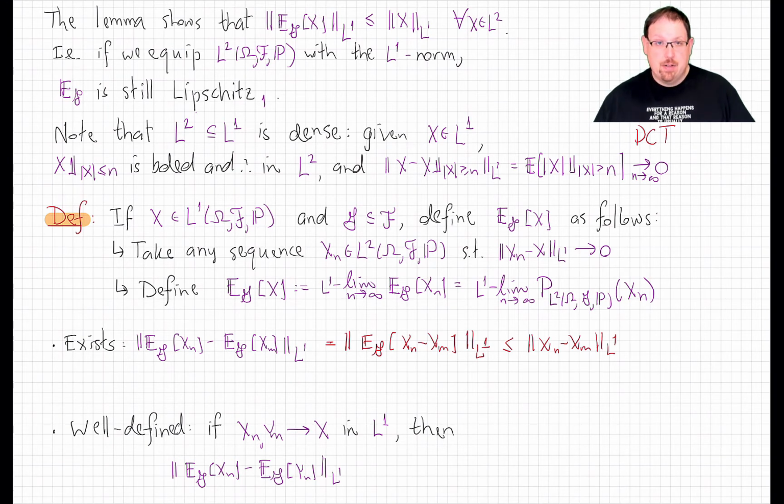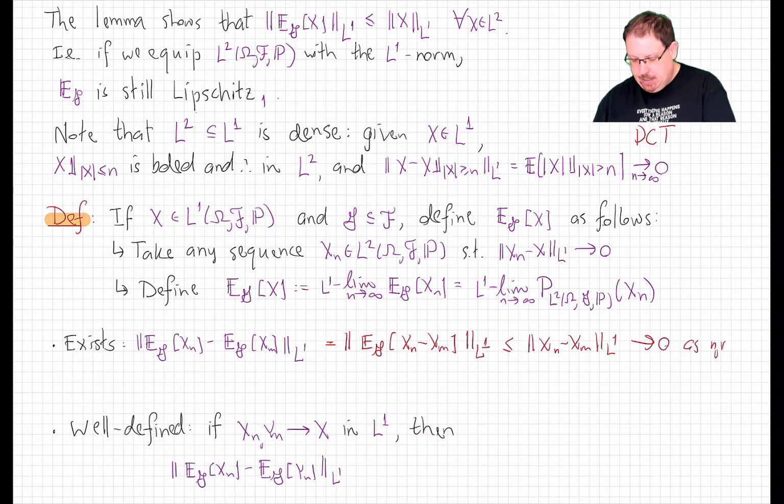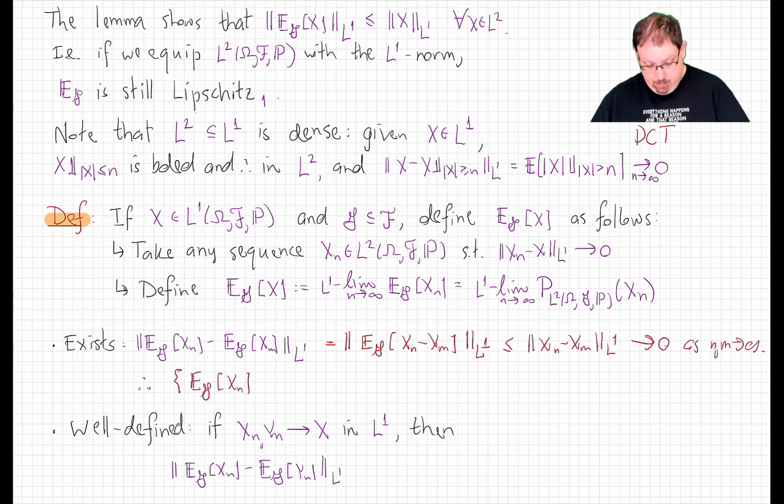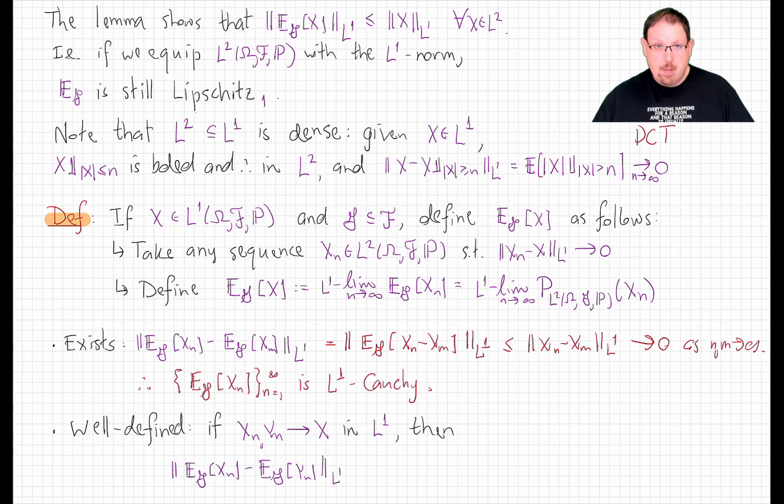And xn converges in L1, which means that it's certainly an L1 Cauchy sequence. So that goes to 0 as n and m go to infinity. So that shows us, by this inequality here, that the conditional expectation of xn is also an L1 Cauchy sequence. But L1 is a complete metric space, as we've shown, and that means that therefore the limit exists.